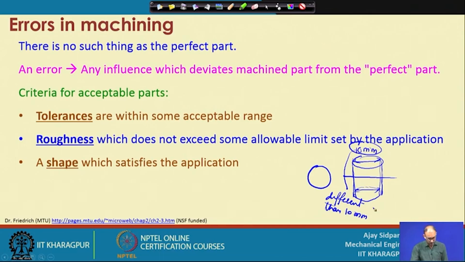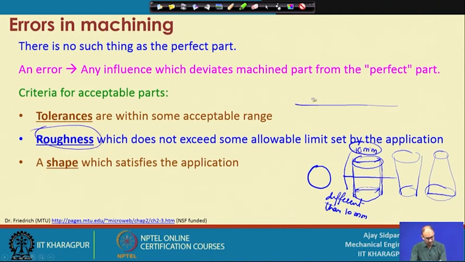So, there is a problem with the shape. You may come across this type of taper shape in this direction or it may be taper in this direction. Other than that, in roughness we have seen that we are measuring the roughness on a flat surface, but you can measure roughness on this also, because there is always a variation on the surface.